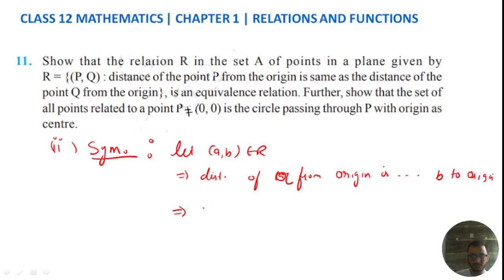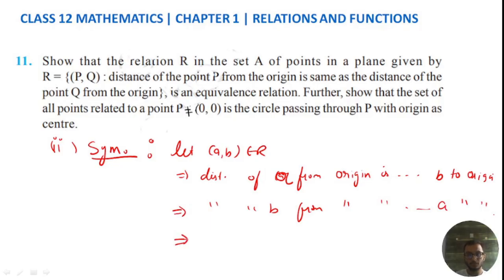But this also means that the distance of b from origin is the same as the distance of a from origin. Writing a first or b first doesn't matter, right? You just fill these gaps.